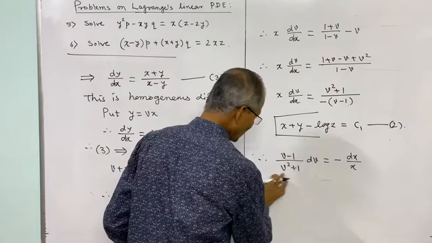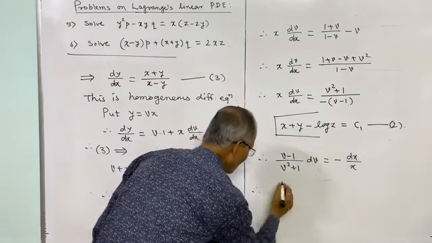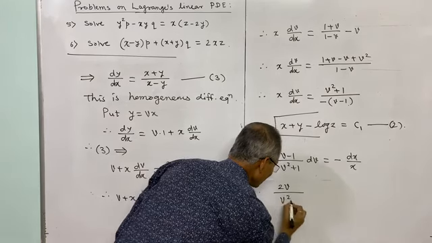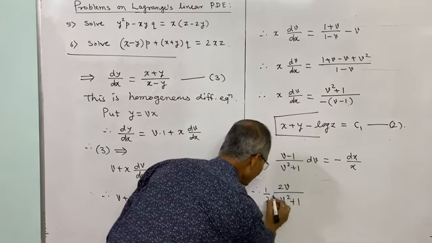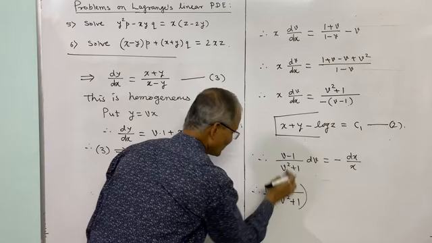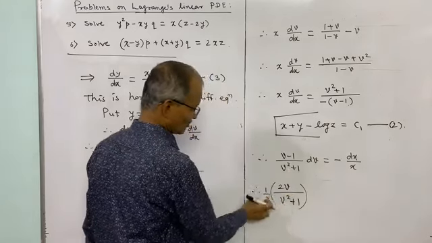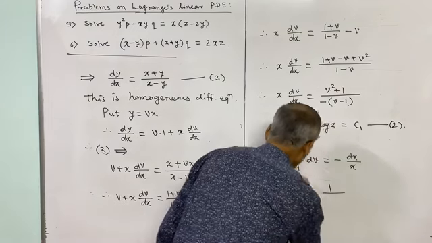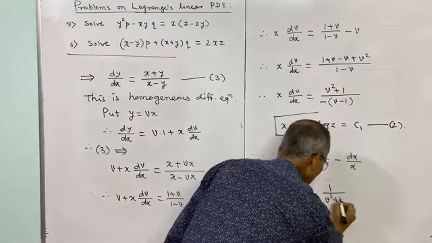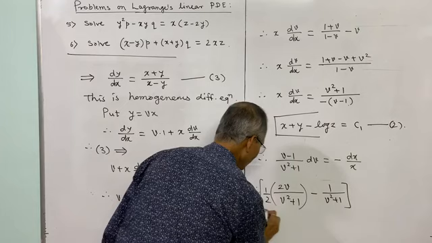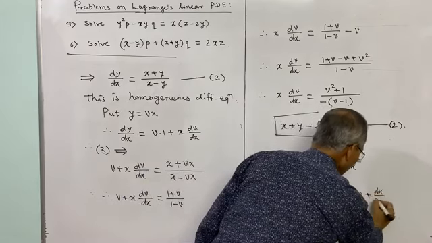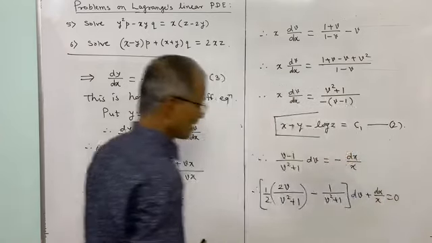So this is v divided by v square plus 1, and I shall write it as 2v divided by v square plus 1, and write 1 by 2. That is v divided by v square plus 1, this 2 cancels, and minus 1 divided by v square plus 1 into dv. You may verify this, and plus dx upon x is equal to 0.